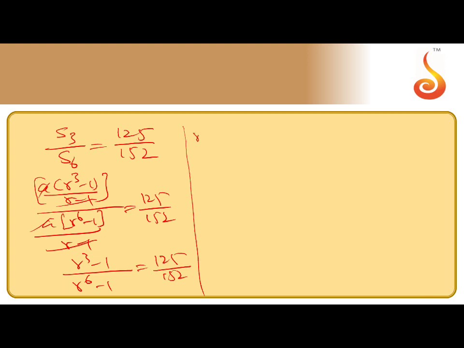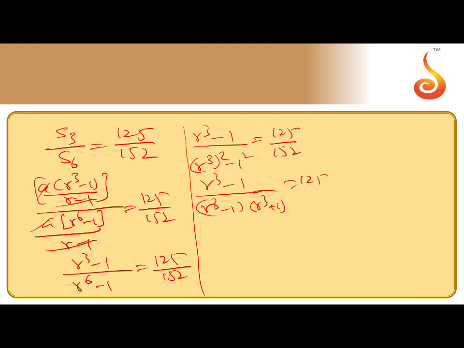What to do here? You can write R power 6 as R cube whole square minus 1 square. So the denominator is of the form A square minus B square: R cube minus 1 into R cube plus 1, equal to 125 by 152. R cube minus 1 cancels. Take the reciprocal, since that is what you want to find.